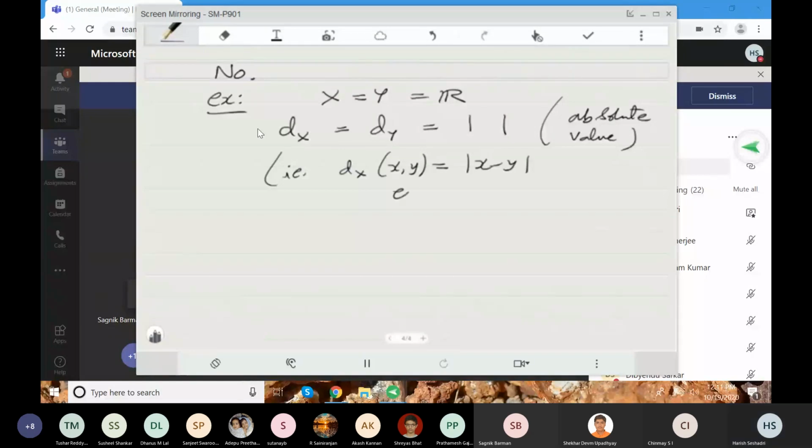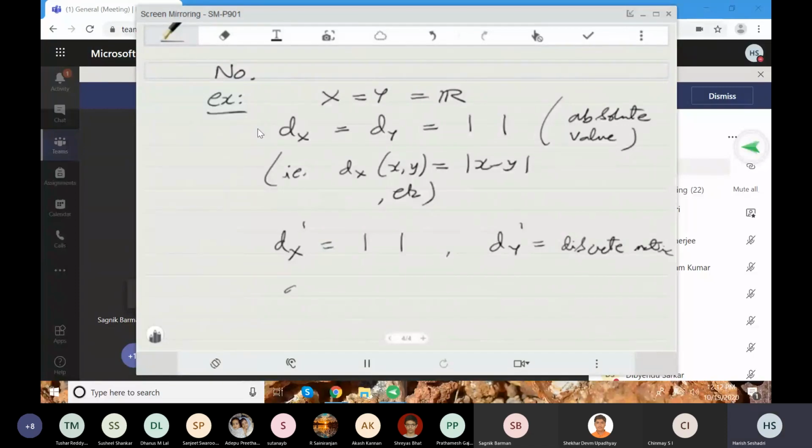Now, what I'll do is change the second ones. On the domain, I'll still keep the absolute value. But the new metric on the target, I'll change to be the so-called discrete metric.